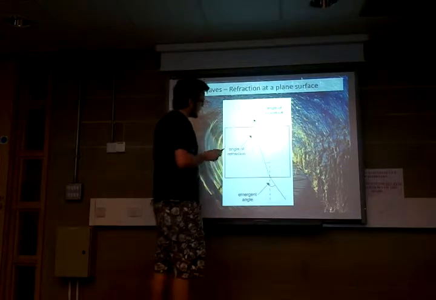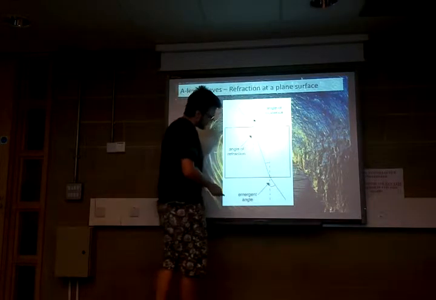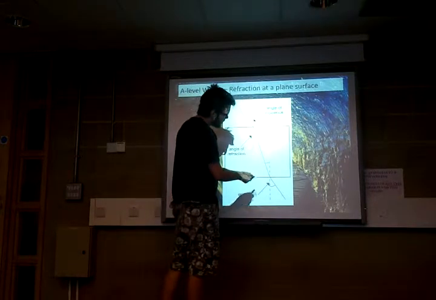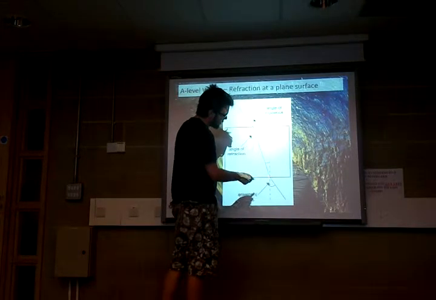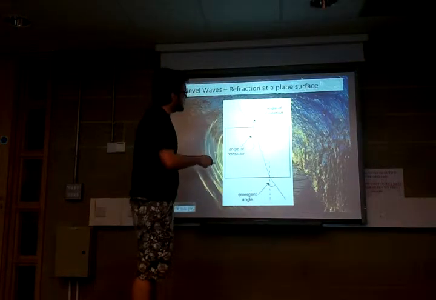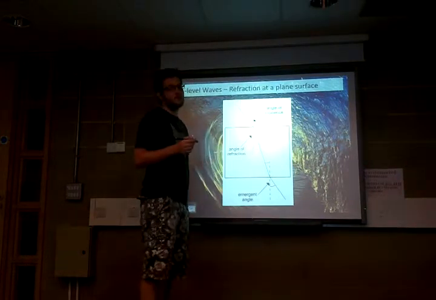The only thing that's different here from the Key Stage 4 picture is that we're talking about something called the emergence angle as well. This is where the light comes back out from our denser material back to the air again. Now if you remember from Key Stage 4, the reason this is bending is all to do with the density of the medium that the light's travelling through.